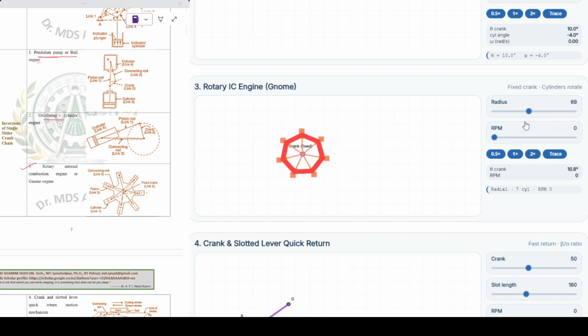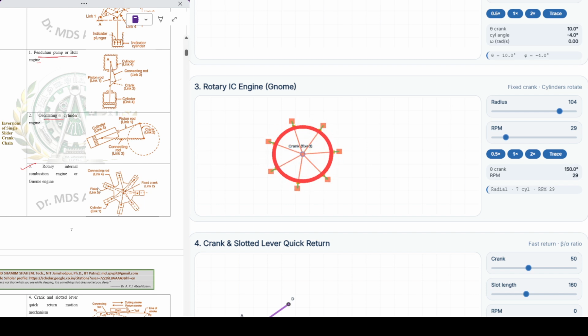See the radius of this one. I am varying it. The path RPM I have supplied. Just start doing. You will find the similar in the line diagram also.